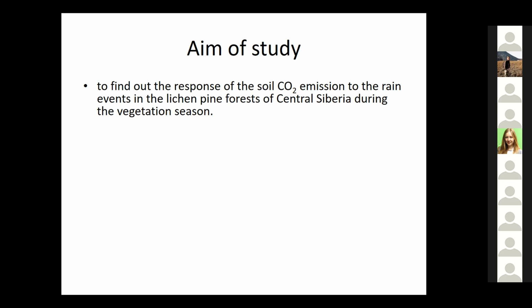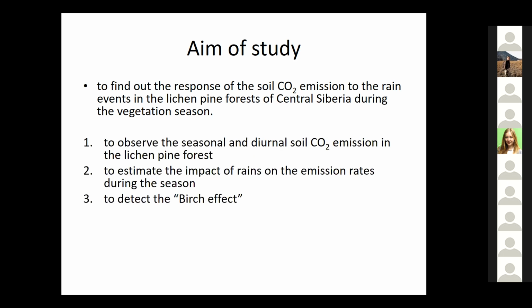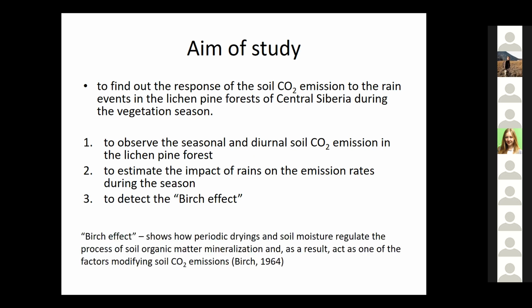We concentrated on the following tasks: observe the seasonal and diurnal soil emission in the lichen pine forest, estimate the impact of rains on the emission rate during the summer season, and the so-called birch effect. The birch effect shows how moisture regulates the soil emission.